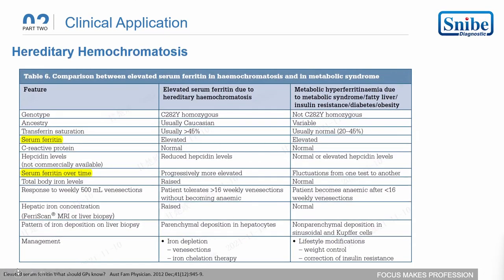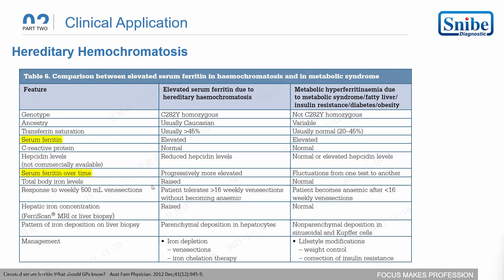So if you go to hereditary hemochromatosis, for the serum ferritin level, it may be elevated due to hereditary hemochromatosis, or some other cause. There may be hyperferritinemia due to metabolic syndrome, fatty liver, insulin resistance, diabetes, or obesity.